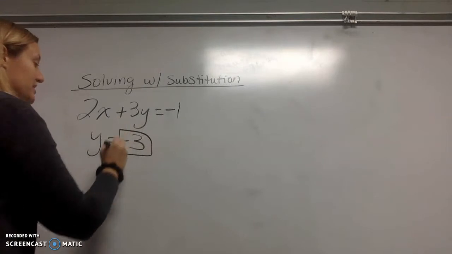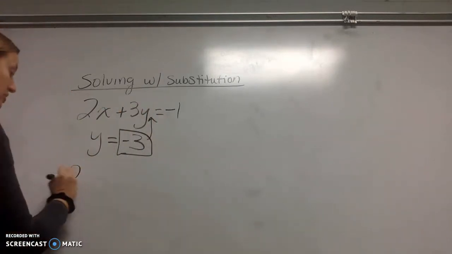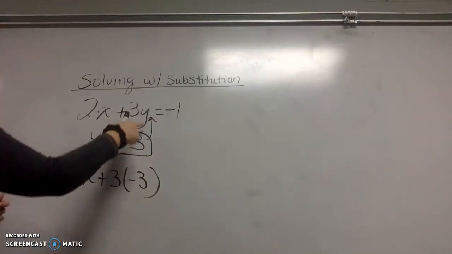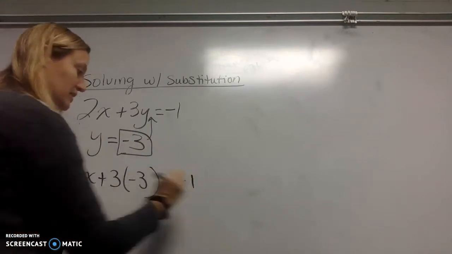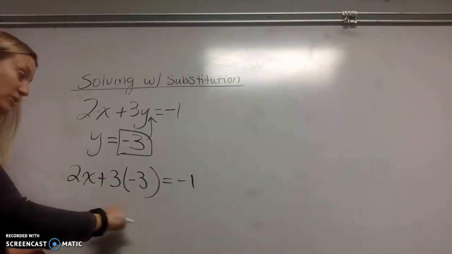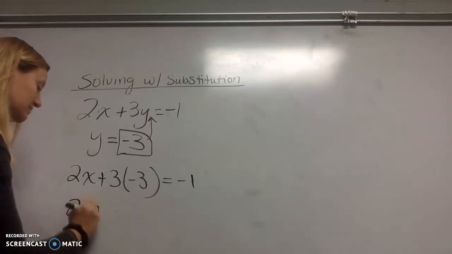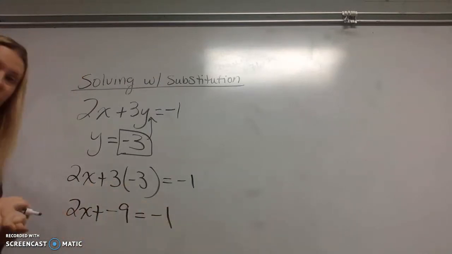Again, I'm going to take this and I'm going to substitute it in for y up there. So it's going to become 2x plus 3 times negative 3. So I'm plugging negative 3 in for y because that's what y is equal to, equals negative 1. Now I'm going to simplify this. I have to do this math. So 2x plus 3 times negative 3 is negative 9 equals negative 1.